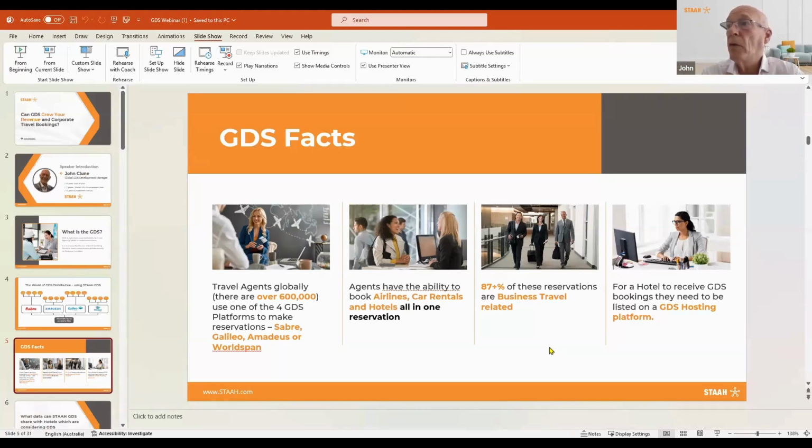Travel agents have the ability to book airlines, car rentals, but importantly for you, hotels, all in the one reservation. It is important to note that 87+% of these reservations are business travel related. For a hotel to receive GDS bookings, they need to be listed on a GDS hosting platform.